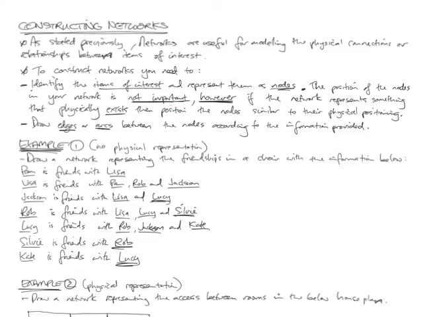However, if the network represents something that physically exists, usually the question will have a diagram or something, then your positions are better to be similar to the positions in the actual question or in the drawing that you're given. They don't have to be in the same position.